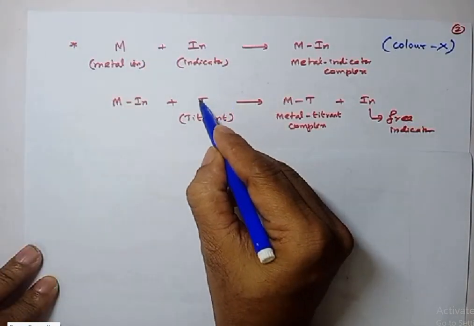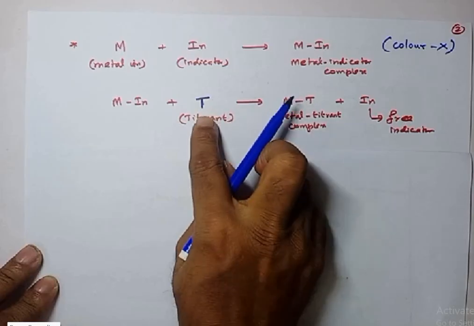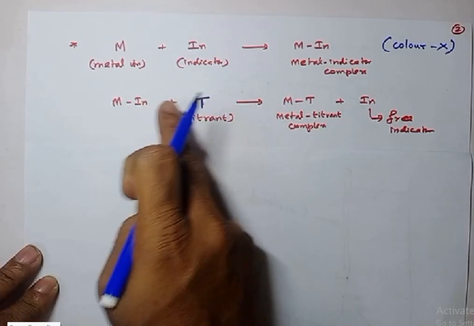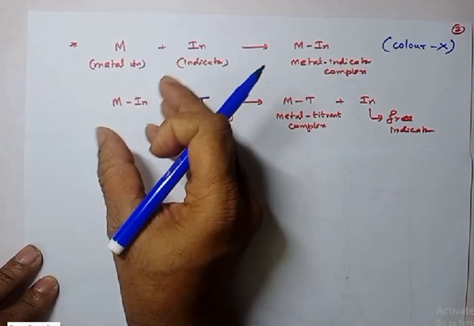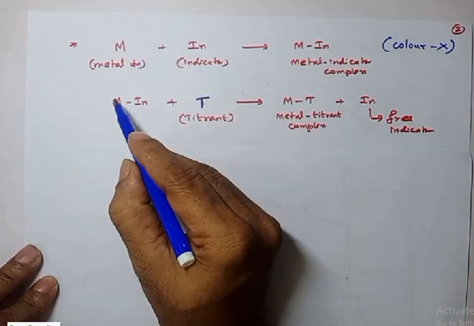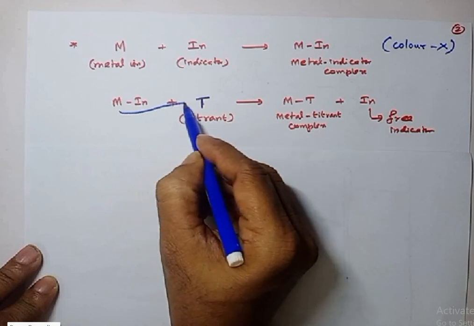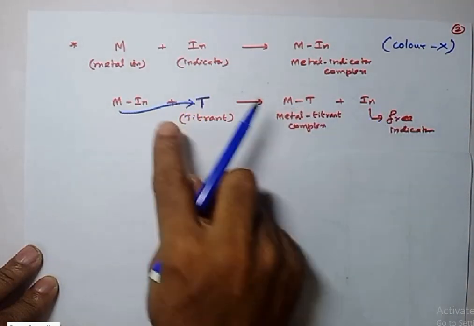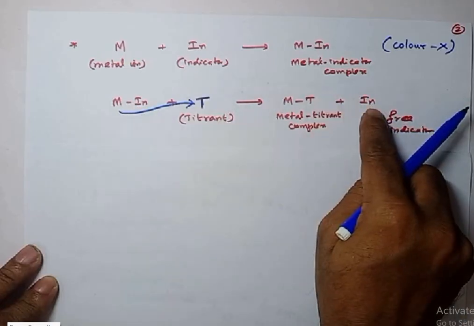T represents the titrant. Titrant molecules are usually ligands. The ligands decompose this metal indicator complex, so that the metal combines with the titrant and forms a metal titrant complex, and the indicator becomes free.